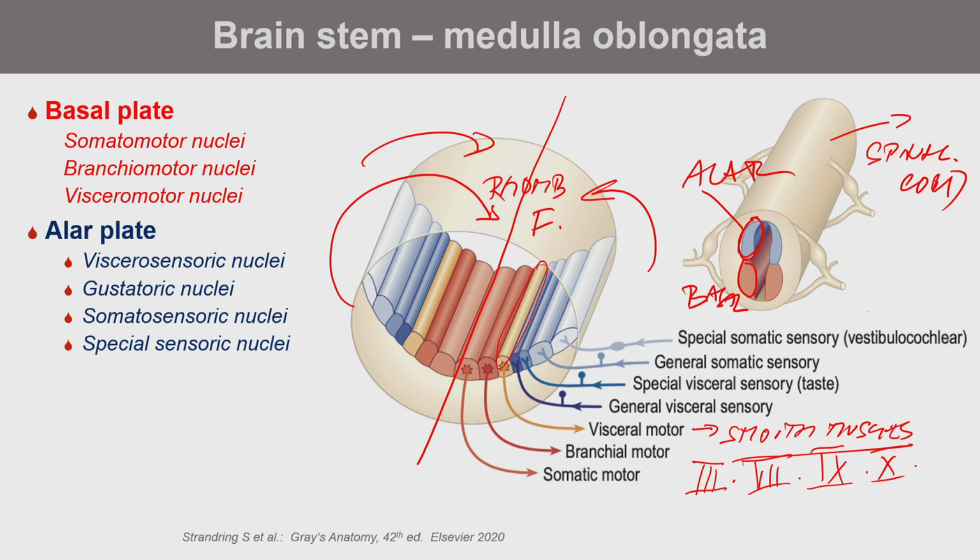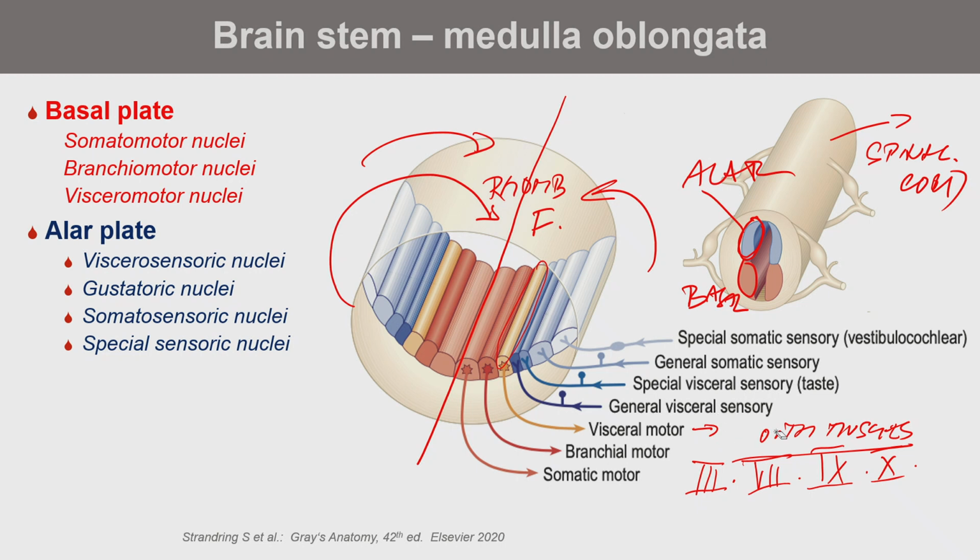Number 10 is the vagus, and the vagus nerve here has a nucleus, which is used for maintaining the whole gastrointestinal tract and also the thoracic organs like bronchi, lungs, and heart, up to the lienal flexure, so up to the territory of the middle of the superior mesenteric artery.